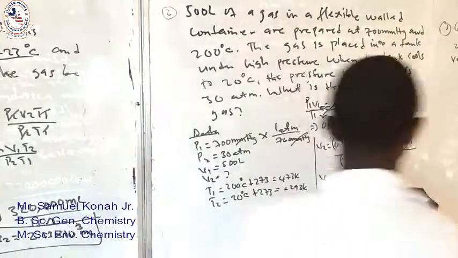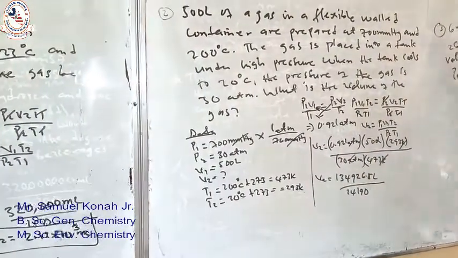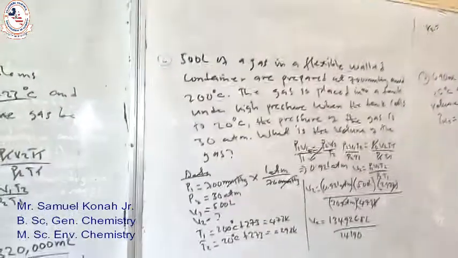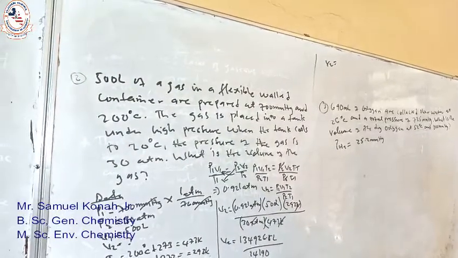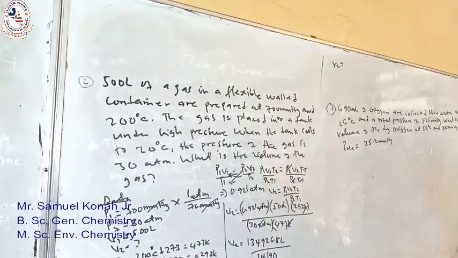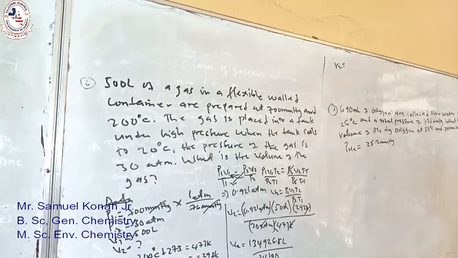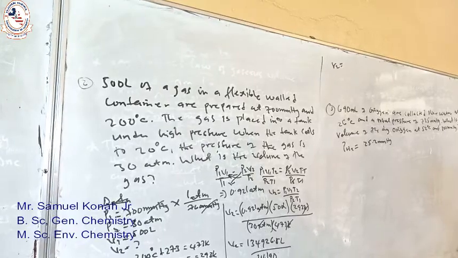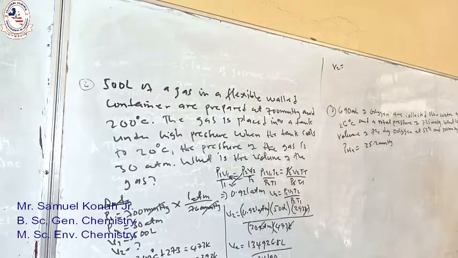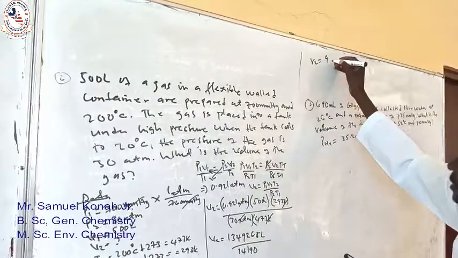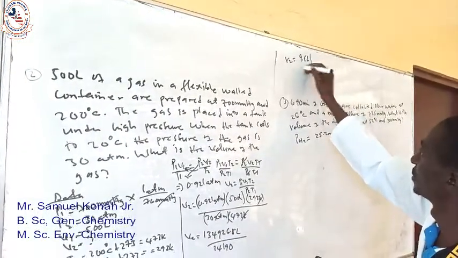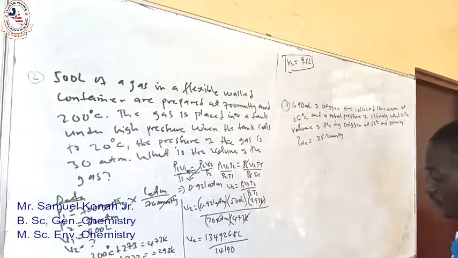If we divide the two, our V2 is 9.5 liter. So that's our volume there.